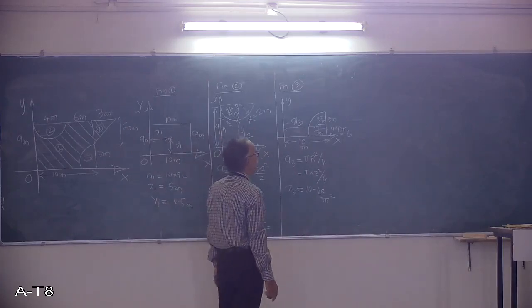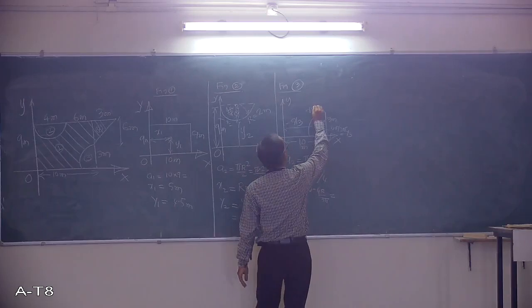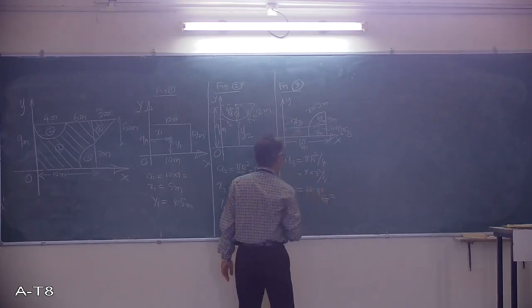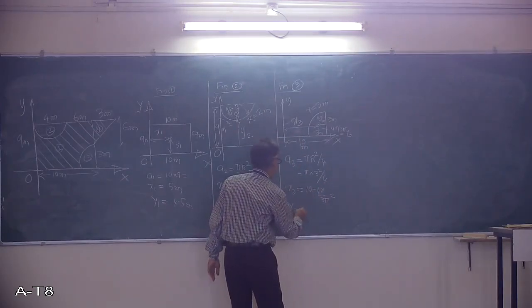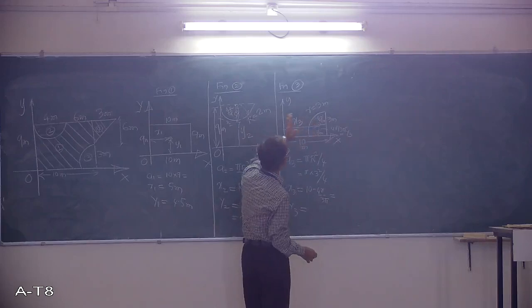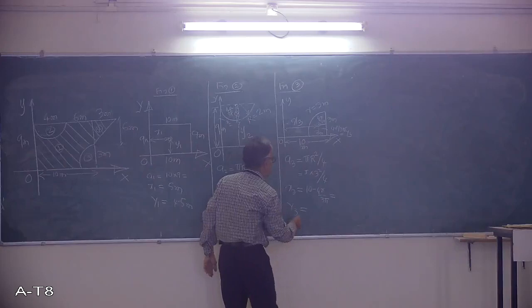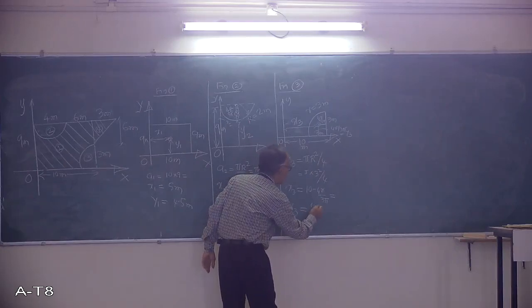Okay, r is 3 meter. I told you, r is 3 meter. Either you write small or capital, it doesn't matter. So then y3. Y3 is this, parallel to y axis. Origin is here, parallel to y axis. That is 4r upon 3 pi.